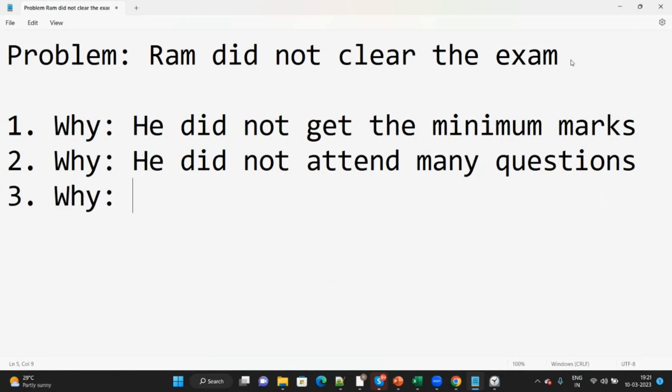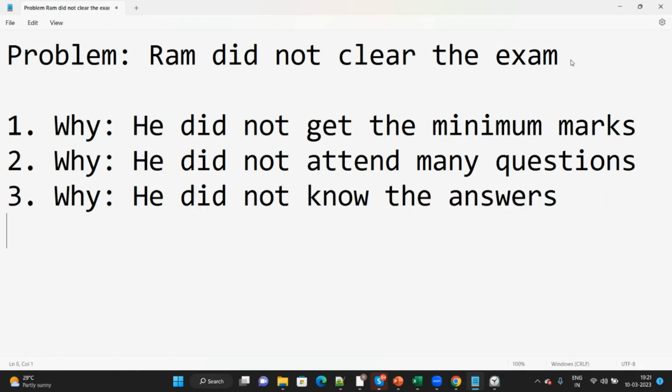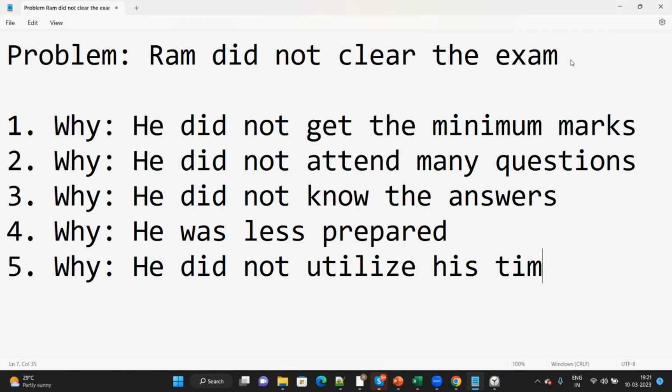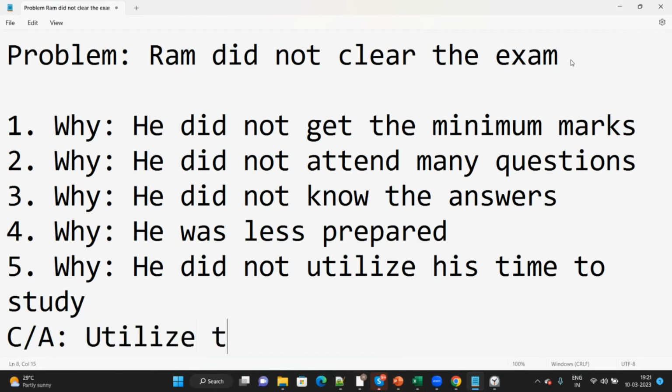He did not know the answers. Why did he not know the answers? Maybe he was less prepared. Why was he less prepared? He did not utilize time to study. So the corrective action here is to utilize time to study before the exam.